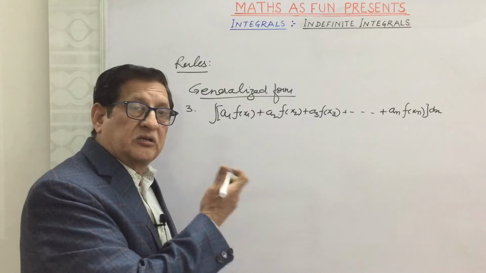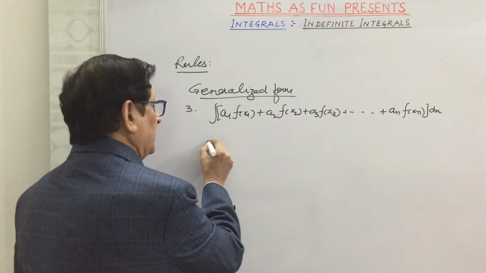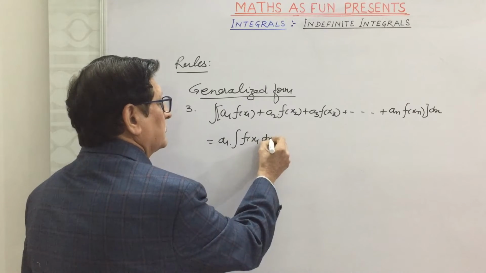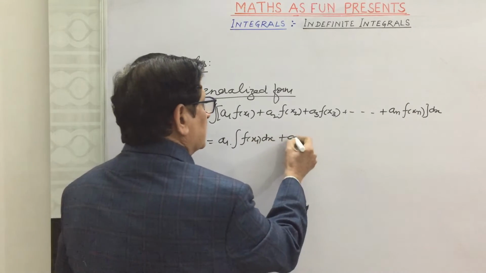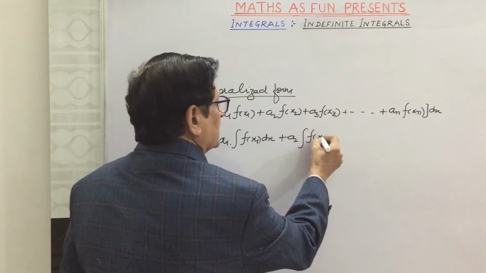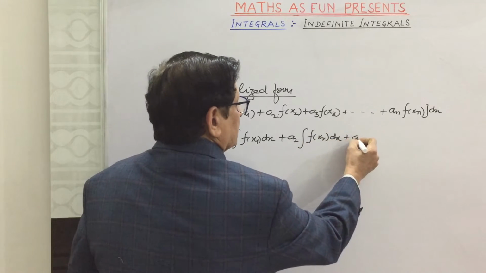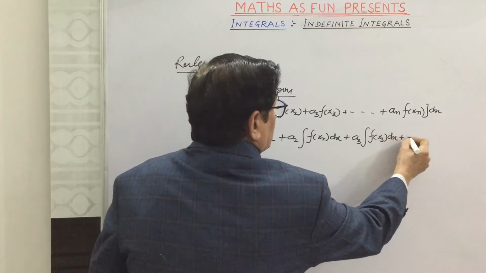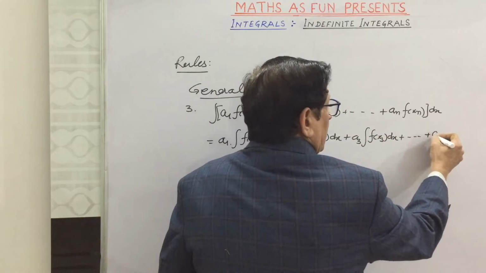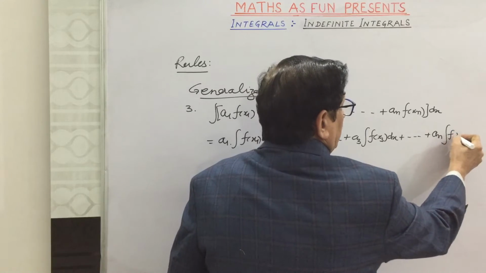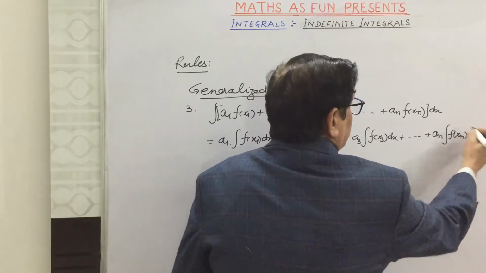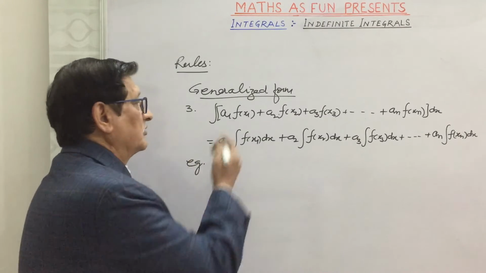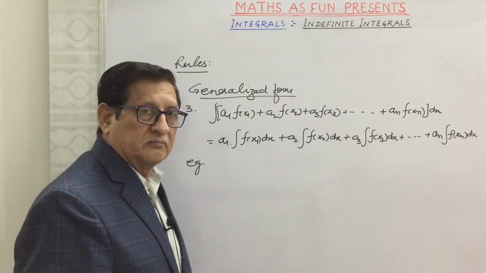We can find the integral separately, and that will be a1 into integration of f1(x) plus a2 into integration of f2(x) plus a3 into integration of f3(x) and so on an integration of fn(x) with respect to x. Let's take one example for this particular generalized rule also.